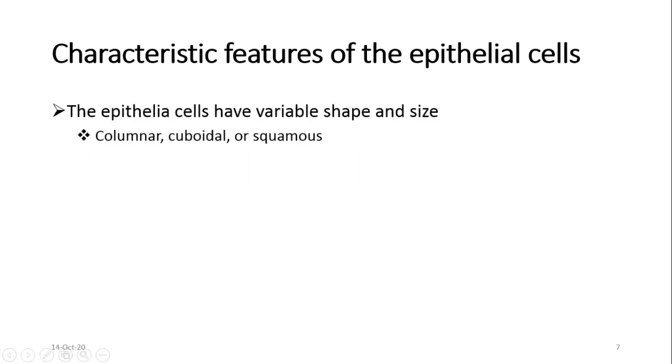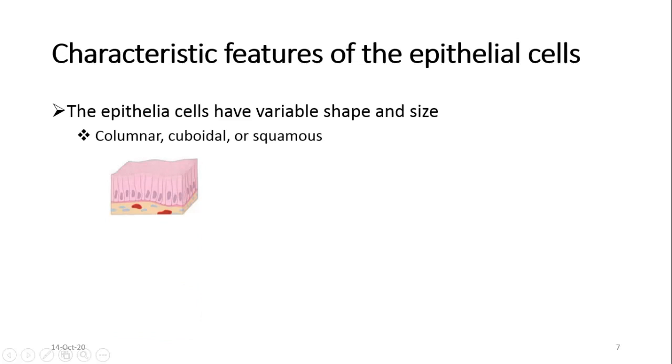The characteristic features of the epithelial cells are the following. The epithelial cells have variable shape and size. They can be columnar, cuboidal, or squamous.